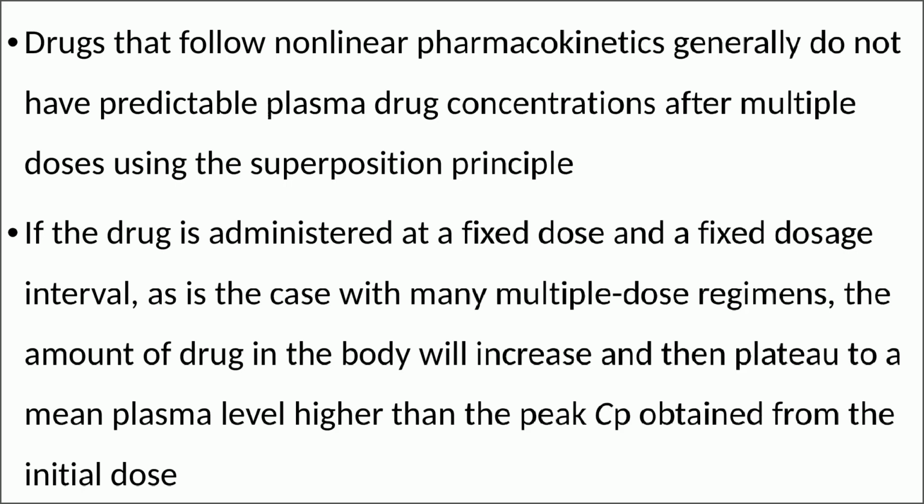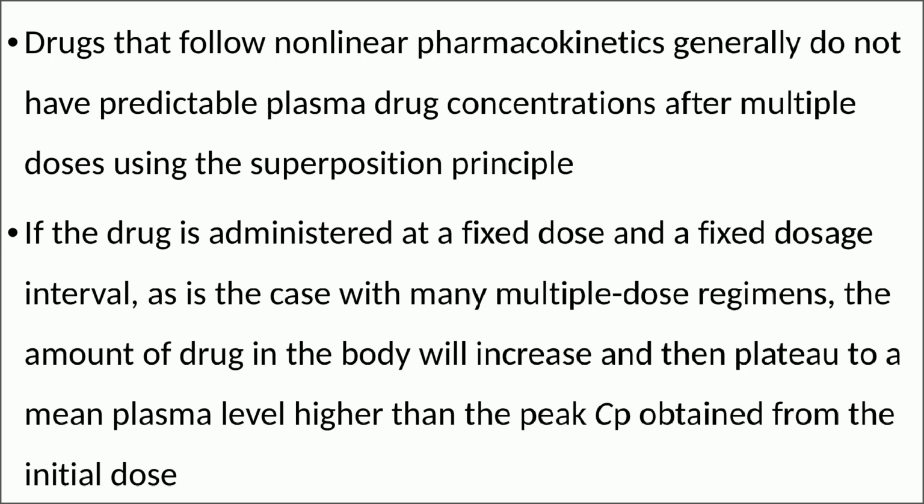If the drug is administered at a fixed dose and a fixed dosage interval, as is the case with many multiple dose regimens, the amount of drug in the body will increase and then plateau to a mean plasma level higher than the peak plasma concentration obtained from the initial dose.